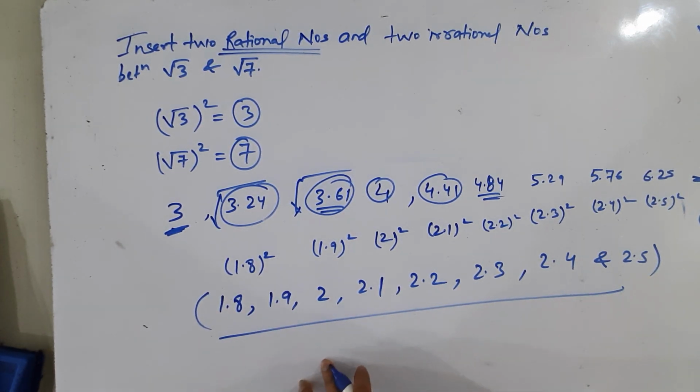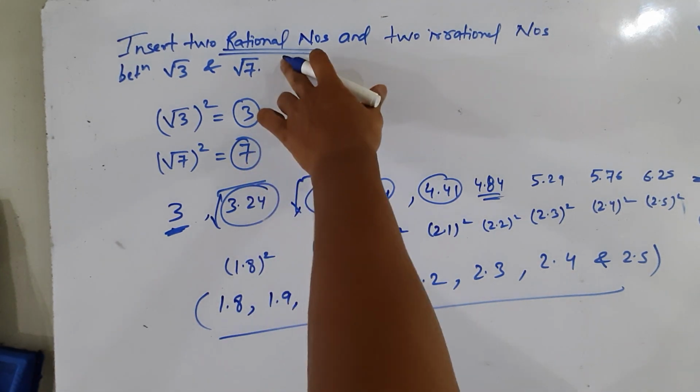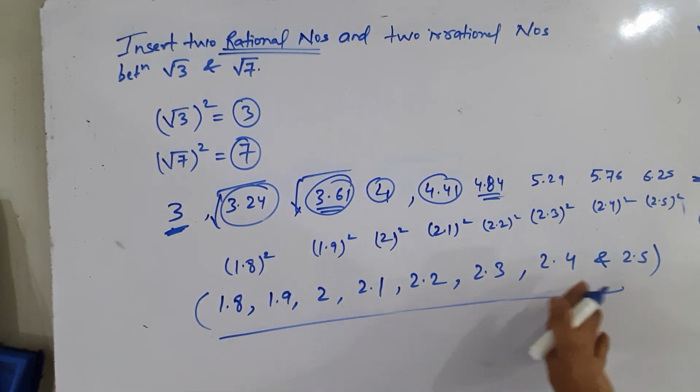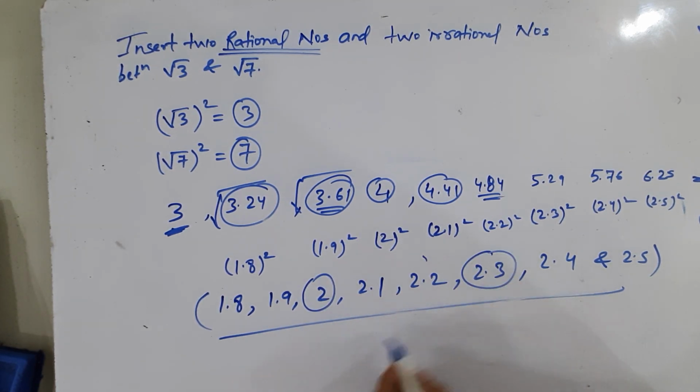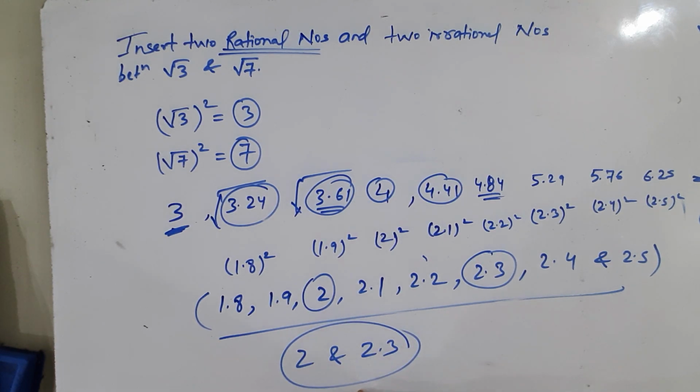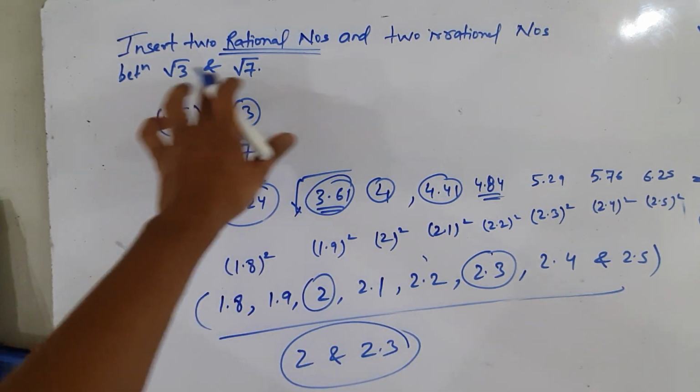But in the question you are asked only for two rational numbers, so you can choose any two. I am choosing, let's suppose, 2 and 2.3. So 2 and 2.3 can be considered as rational numbers between root 3 and root 7.